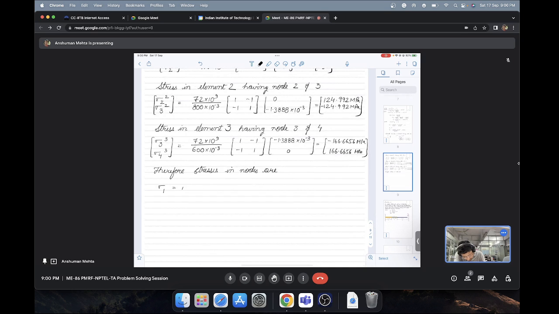Sigma 1 is straight, because only one is there.